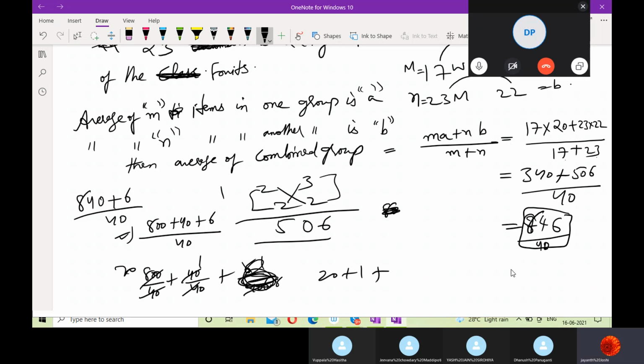Or else if you want 6 by 40, you can do something: 2 into 3 by 10 into 2 into 2. This will be cancelled. For this, if you want an easy way, you can do one thing for this. 40.